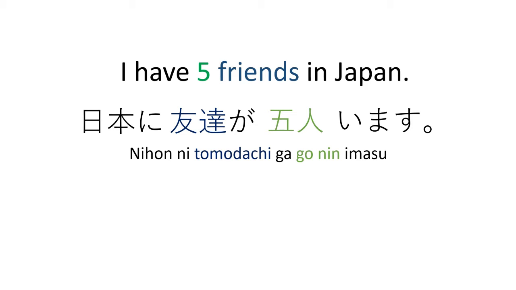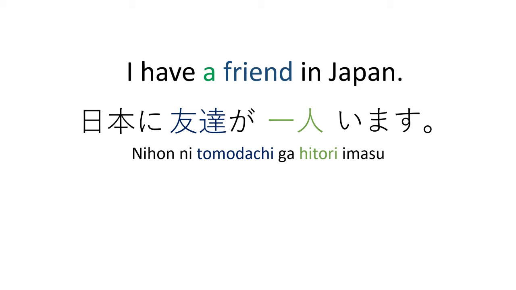Now here we have again, I have 5 friends in Japan. Nihon ni tomodachi ga 5人 imasu. Now we can change that. Let's say I have a friend in Japan. Nihon ni tomodachi ga 1人 imasu.